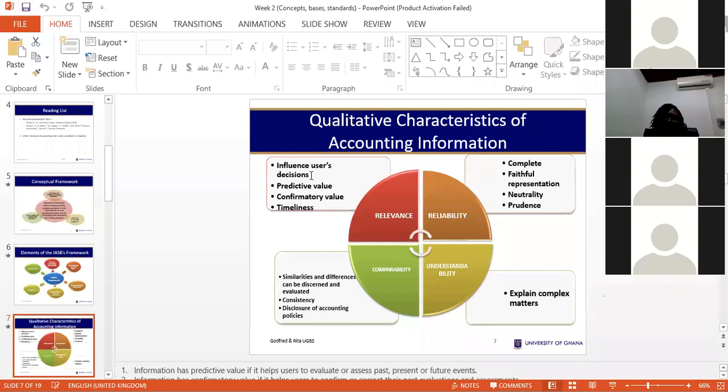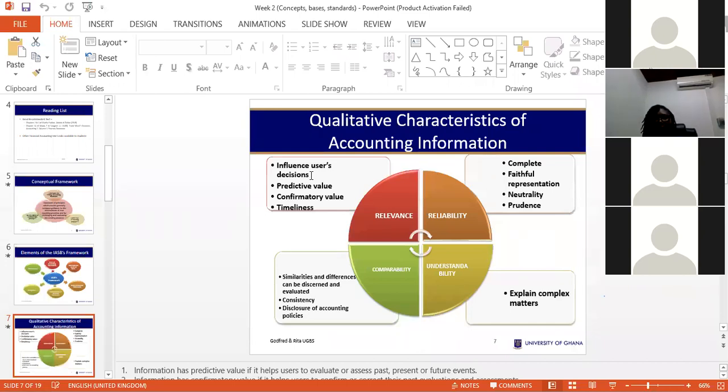Meaning that for every transaction and activity that took place within the organization for that period, the business entity must report everything. The organization or the company or the sole proprietor or the partnership must report everything. Everything must be included in that financial report for it to be complete.